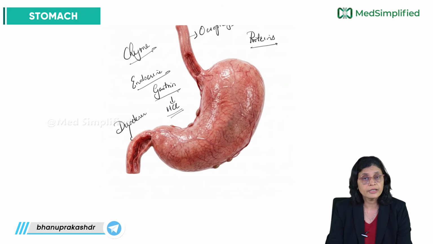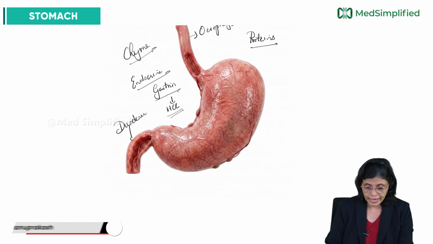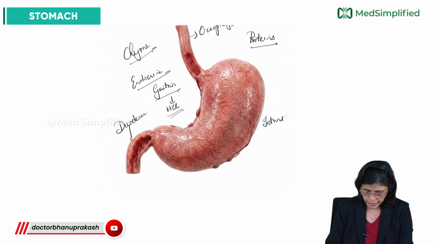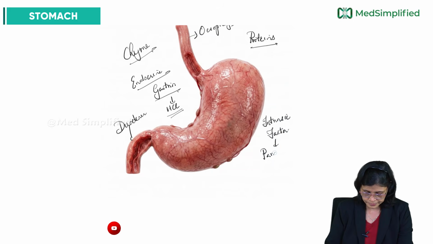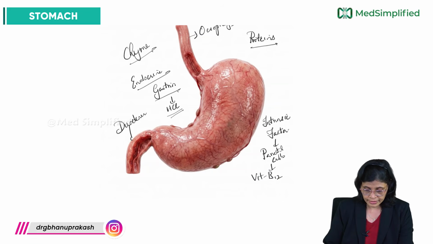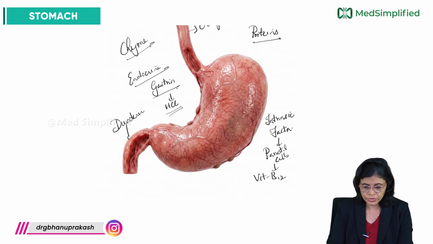In addition, there is an intrinsic factor, which is produced by the parietal cells of the stomach and is essential for the absorption of vitamin B12. So these are the very important functions of the stomach.